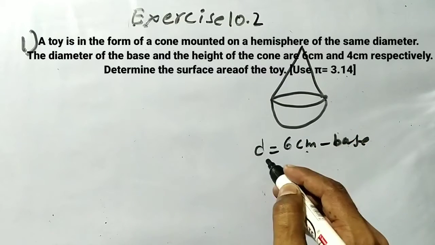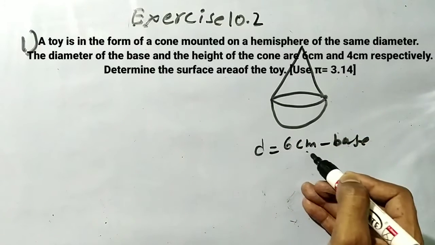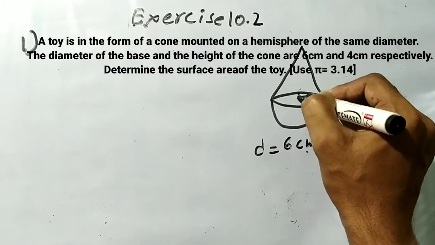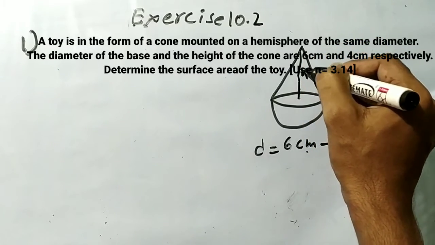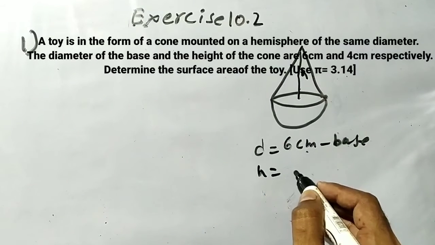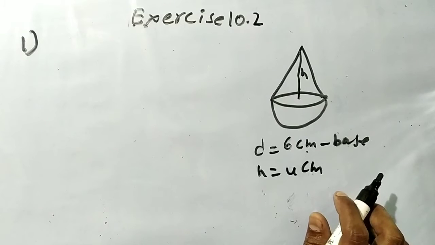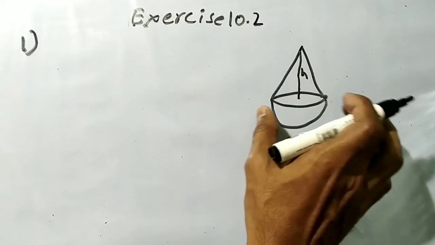The height of the cone is 4 centimeters. And determine the surface area of the toy. We have to find the total surface area of this toy.